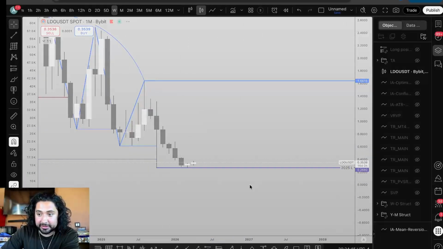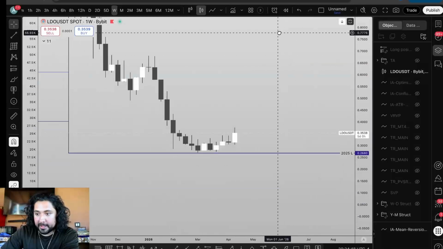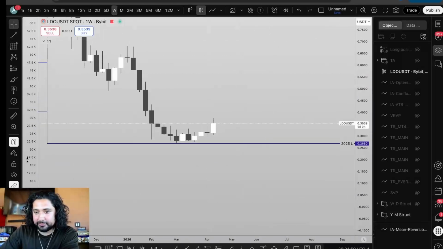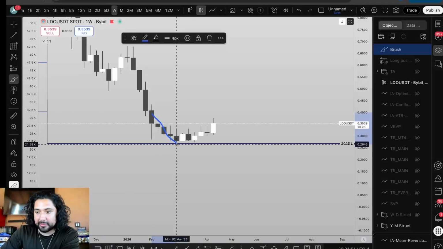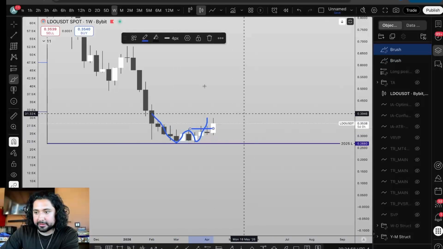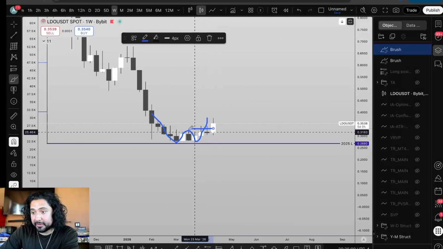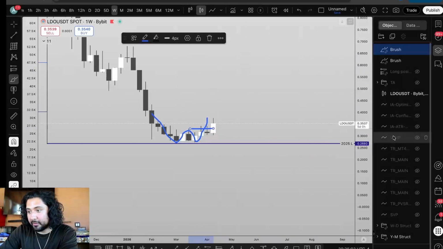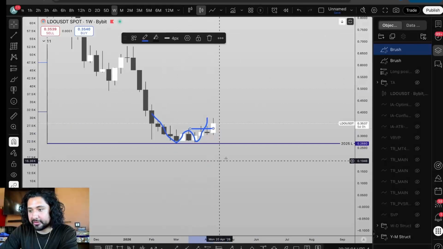But let's zoom in closer. On the weekly time frame, we did get a break of structure right here. Boom. Right here. Well, actually, we did SFP this high, so we gotta wait 5 days for this weekly breaker structure to close.